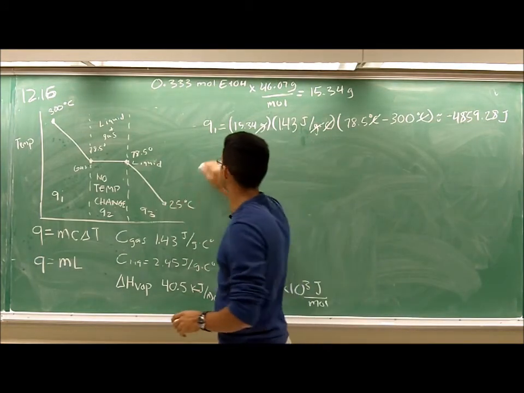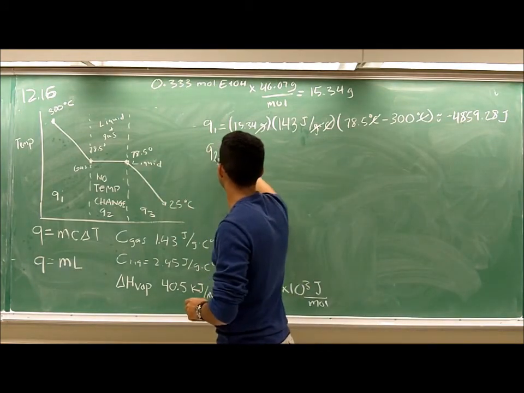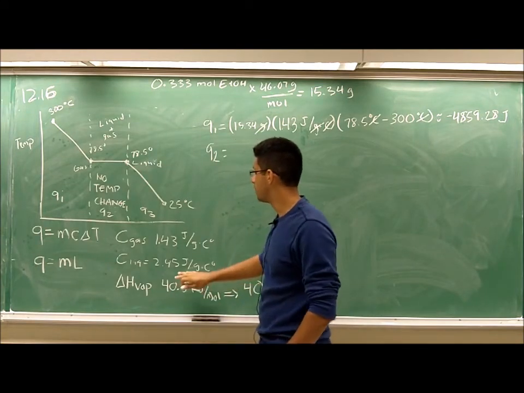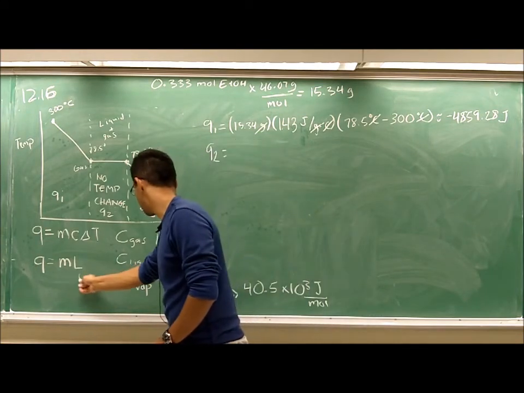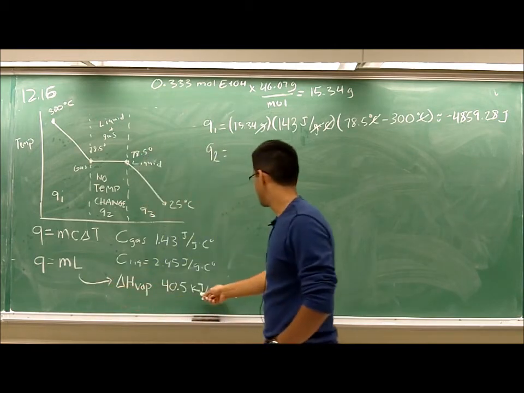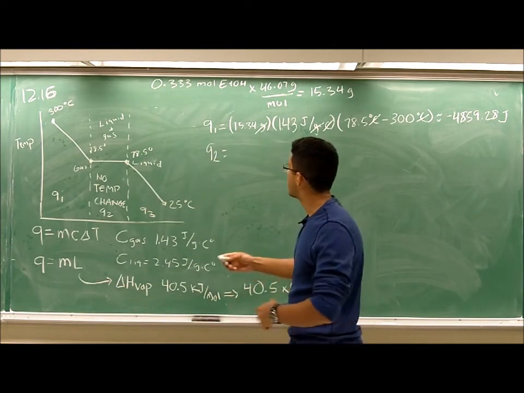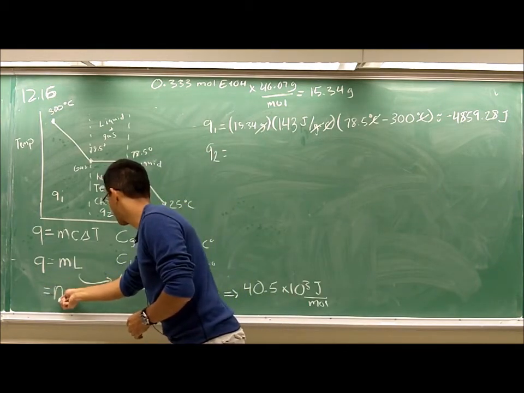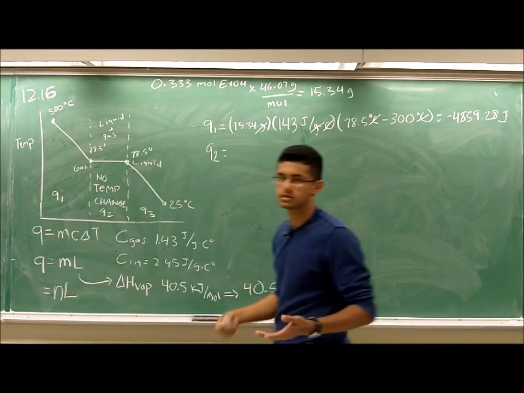Now we're in the second stage, Q2. Since our L is the heat of vaporization, which is given in joules per mole, we can change this equation into Q equals nL. n is just moles.